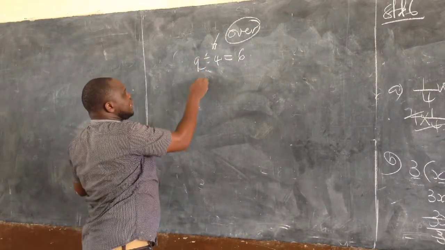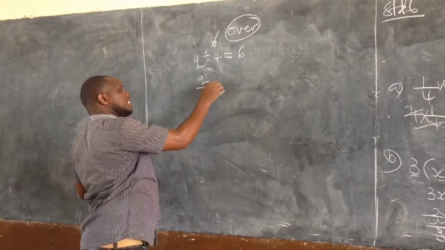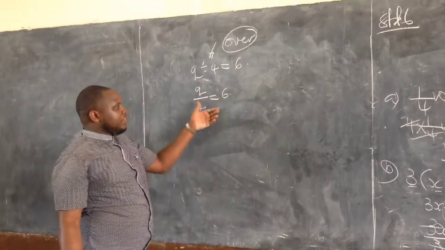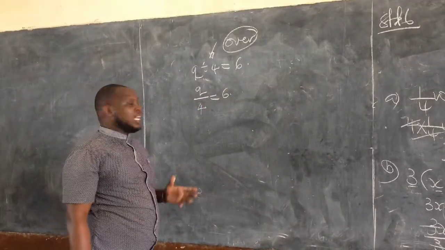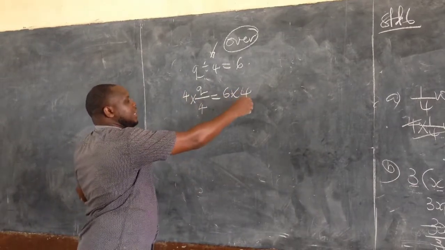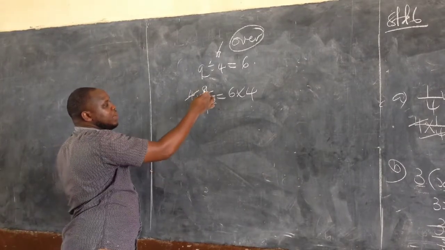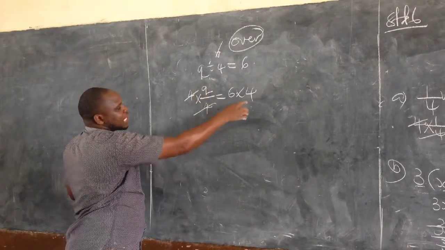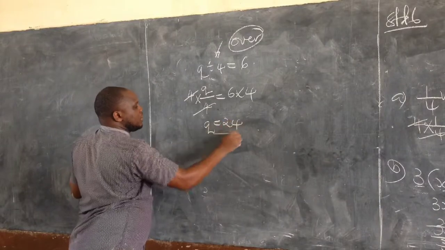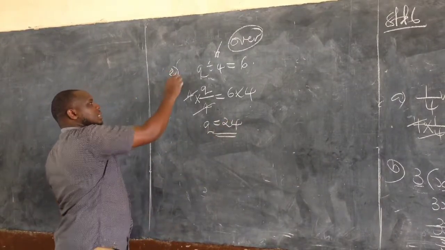So this is going to be q over 4 is equivalent to 6. When you have written it like that, now you can calculate it very fast. What you need is to multiply both sides by the LCM, which is 4. And this cancels, you remain with q. So our q is equal to 6 times 4, which is 24. So your answer becomes 24 in that case.